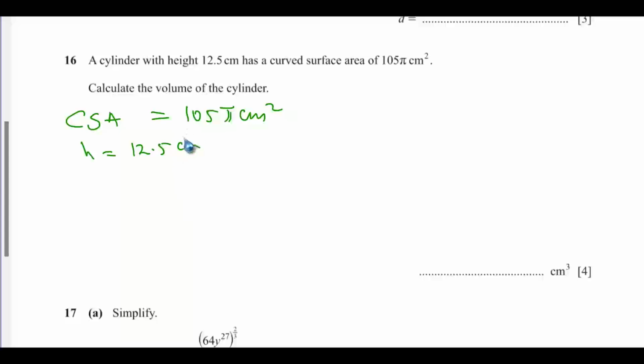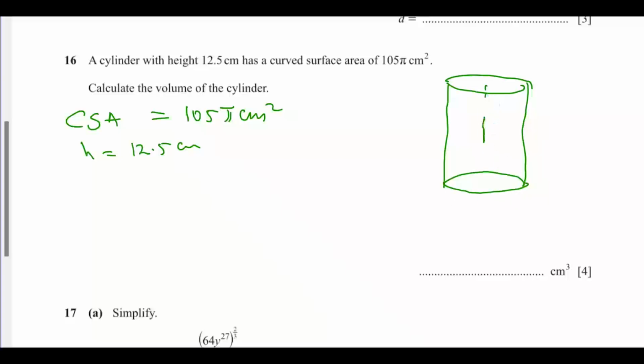So calculate the volume. Okay, so we can sketch the cylinder somewhere here. You have this, you have this, then this will be the top. Then you can have the circular base here.